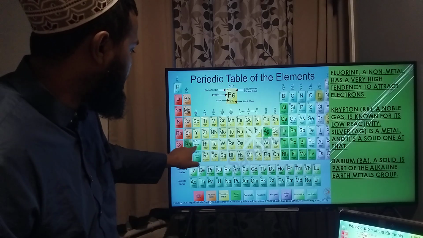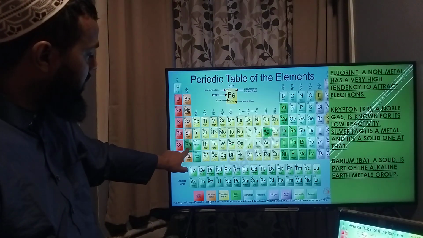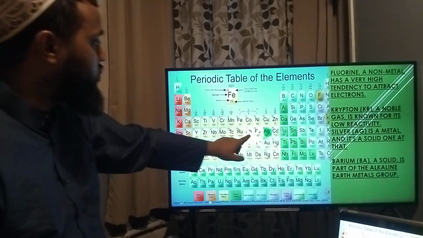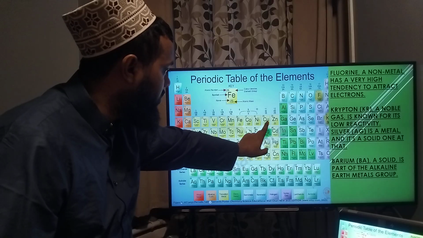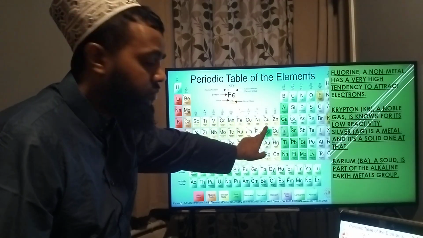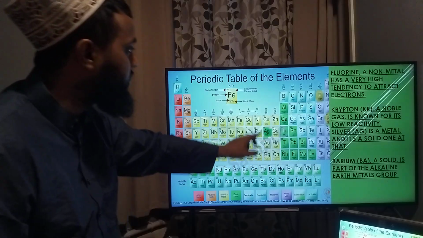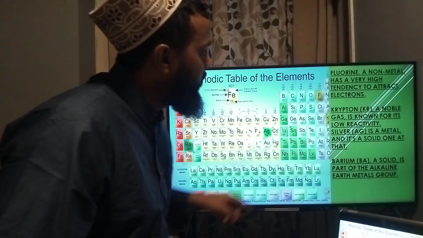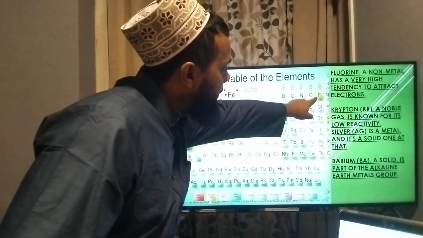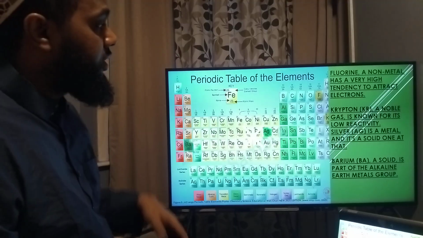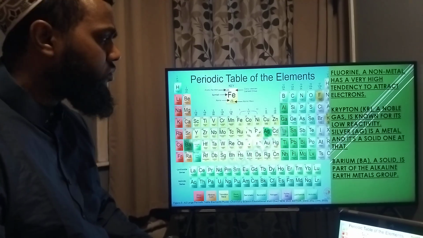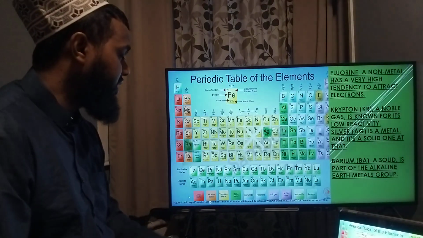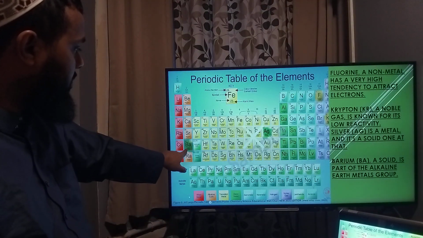We have barium here. Barium is a solid metal. Also silver is a metal, a solid transition metal. We have fluorine there, a halogen gas, very electronegative, very active, and barium is very active as well.